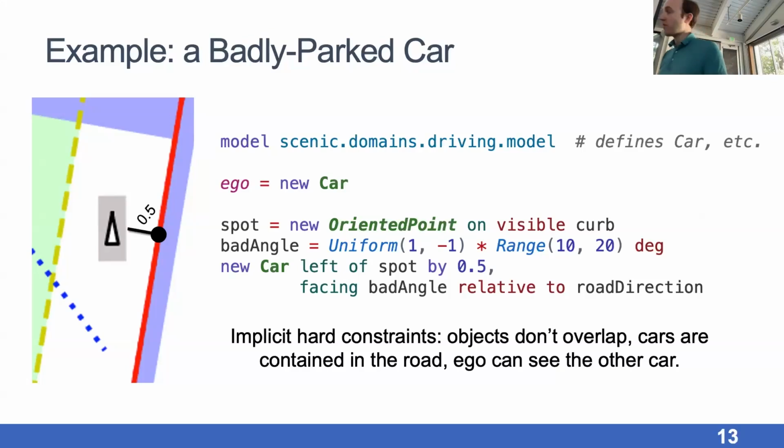And so the Scenic driving library can import any map in the OpenDRIVE format, which is a standard format for road networks. There are other formats, many of which you can convert into OpenDRIVE. And so that's what we've done for Carla, MetaDrive, LGSVL, all the driving simulators we've worked with. Yeah.